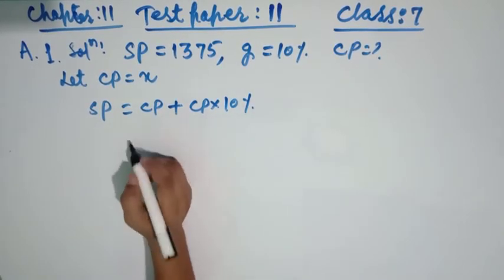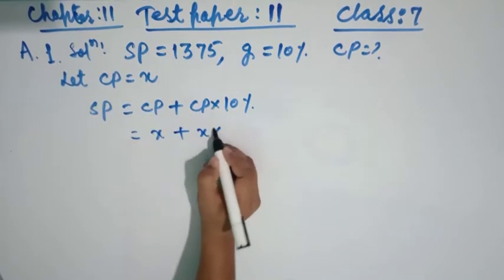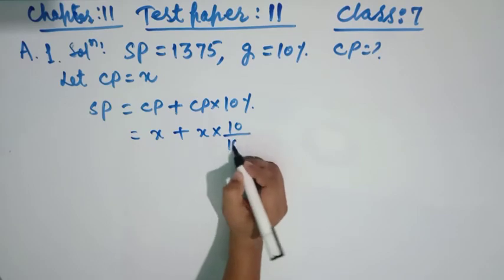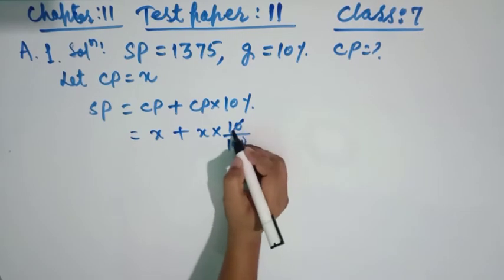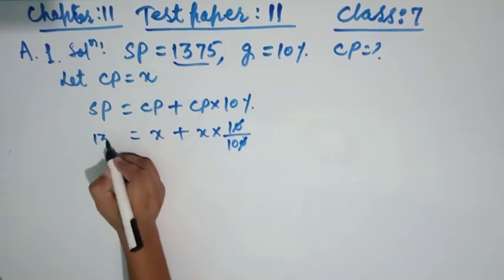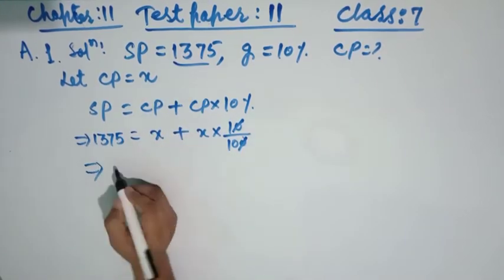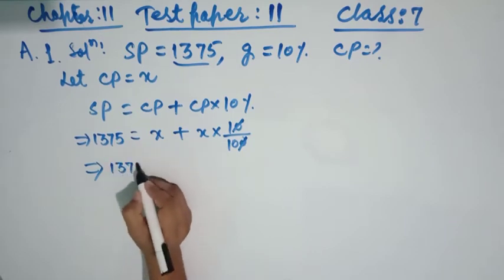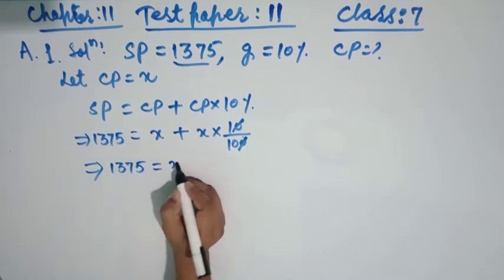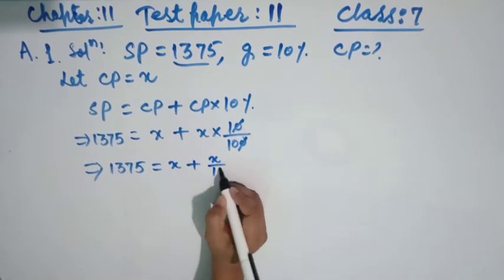Now CP is considered as X, so X plus X multiplied by 10 by 100. Percentage means out of 100, this zero cancels, and SP is given as 1375 rupees. So 1375 is equal to X plus X divided by 10.